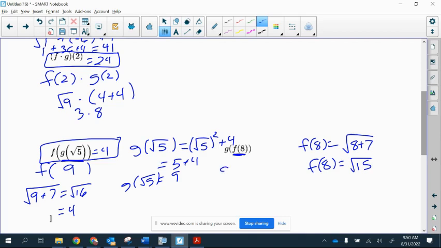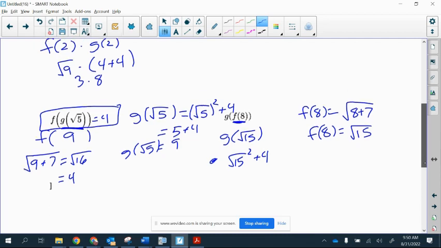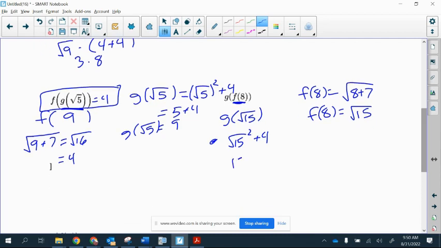So we're doing the g of the outcome of f of 8, which is the square root of 15. So that would give us the square root of 15 squared plus 4, because we're inputting the square root of 15 where the x is for g. So you'd have 15 plus 4, or 19.